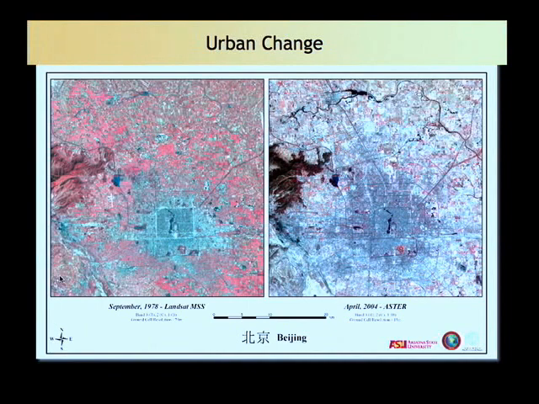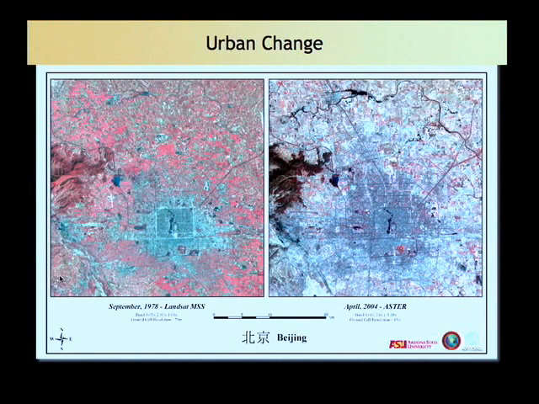Okay, the other thing that you can do with remote sensing of cities in particular is look at temporal changes. This is an example of Beijing from a very early 1978 relatively low resolution version of a Landsat instrument. This sort of ugly gray color here is most of the urbanized part of Beijing.